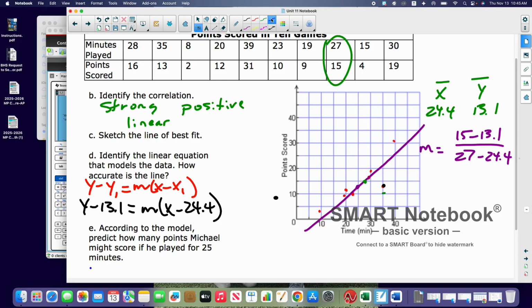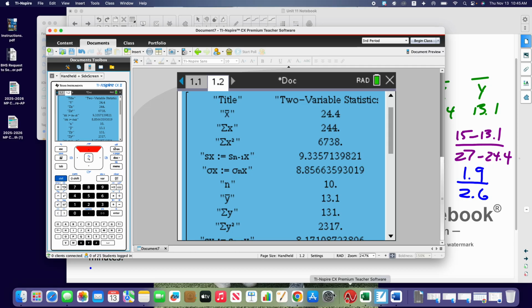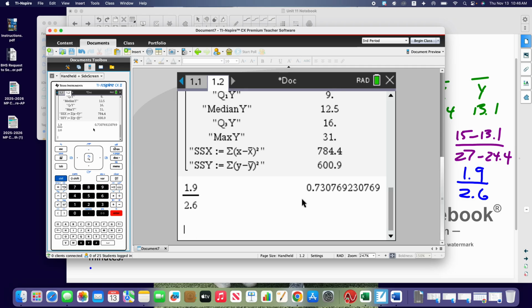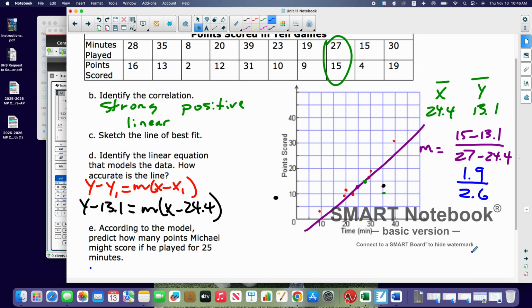My slope here is 1.9 over 2.6. If I were to put that in the calculator so I get a decimal answer, 0.73, probably call it 1.